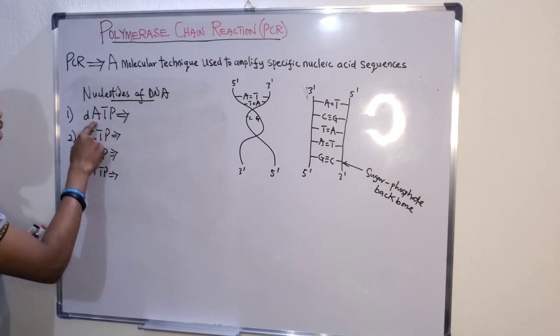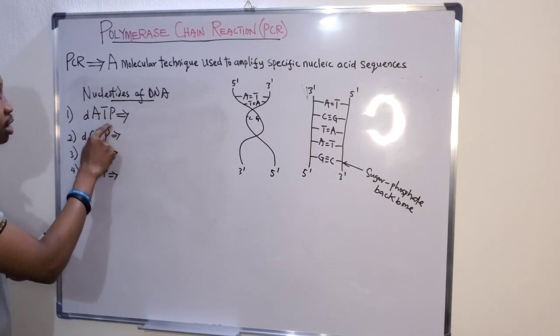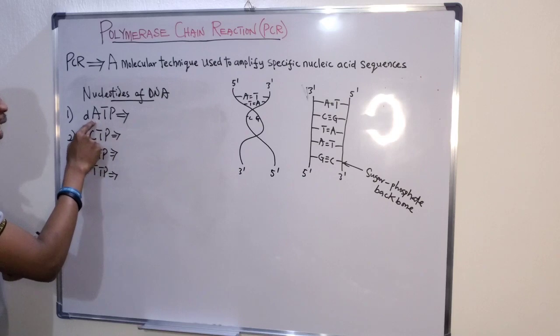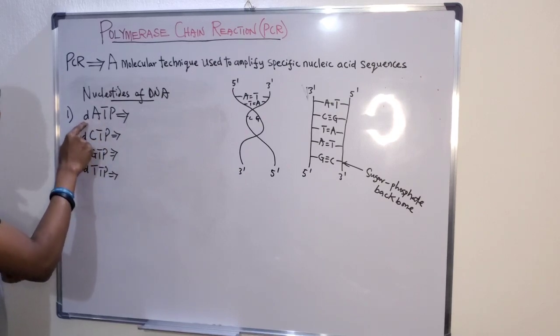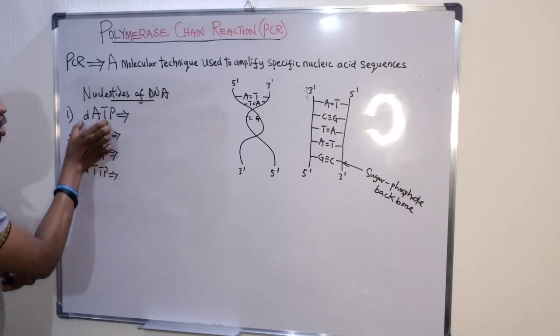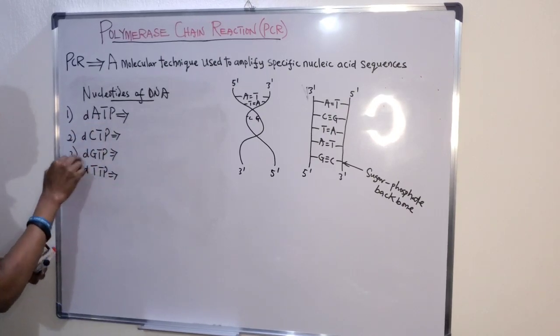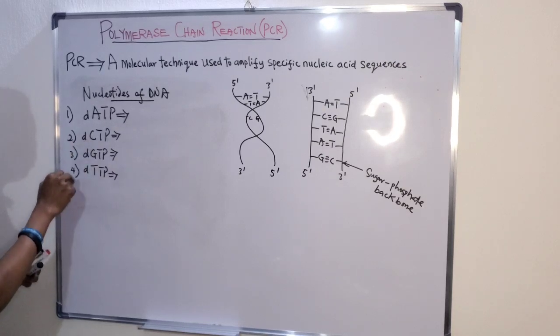Deoxyadenosine triphosphate: this is adenine, which represents the nitrogenous base, and then triphosphate, the phosphate group. So adenine bound to a deoxyribose sugar is bound to 3 phosphate groups. This is a nucleotide. So this is a nucleotide for adenine, for cytosine, for guanine, and for thymidine.